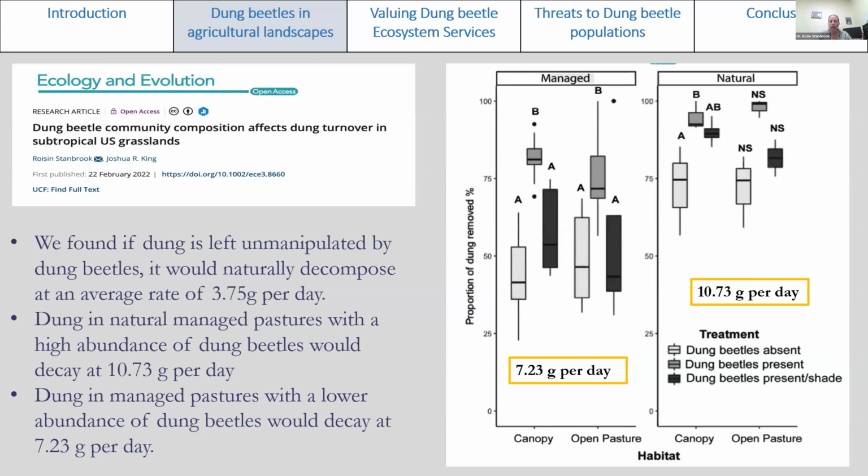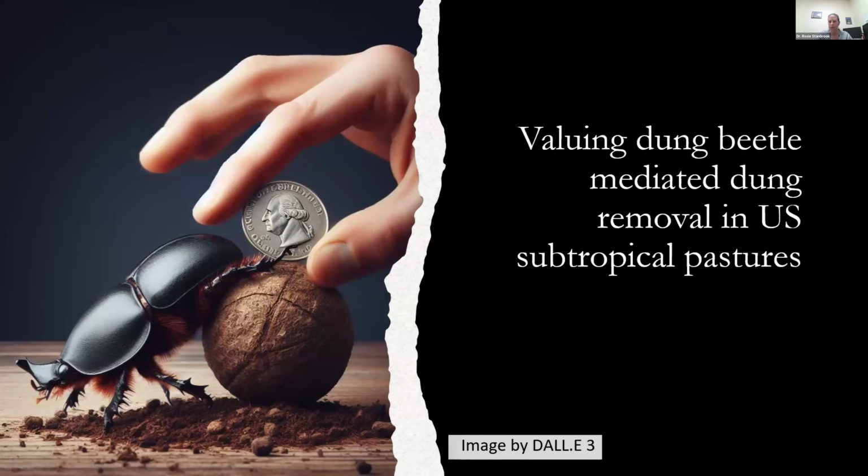And dung that was found in managed pastures with a lower abundance of dung beetles would decay at around 7.23 grams a day. And you can see there's a huge difference between the management activities and then dung beetles' responses to actual dung degradation on these lands, which I found super interesting.